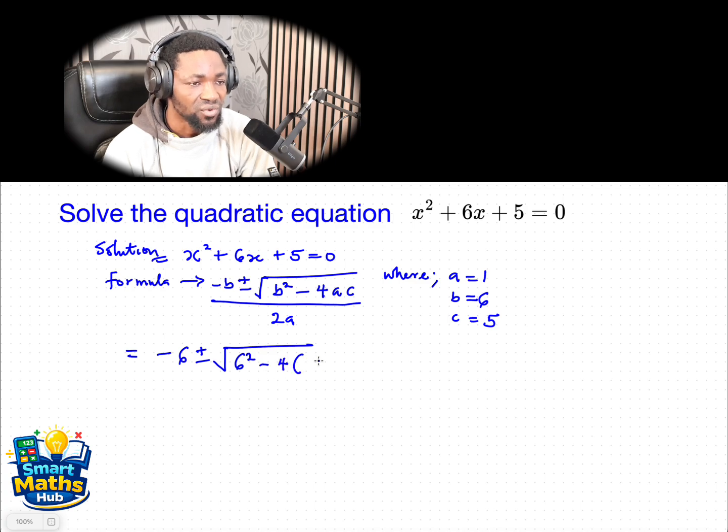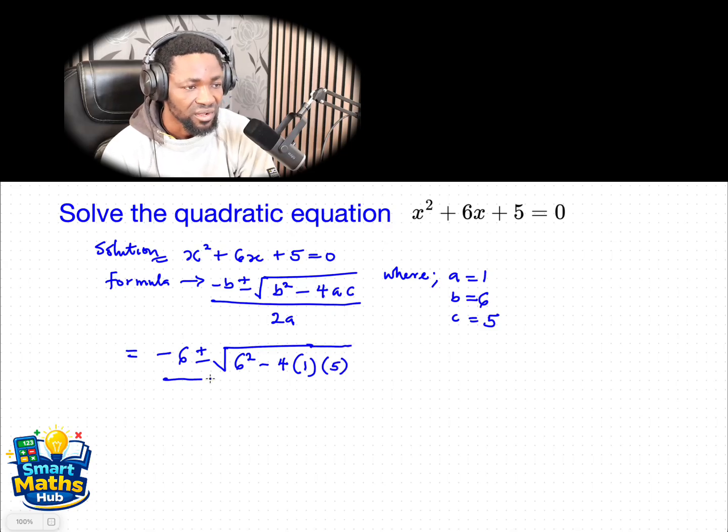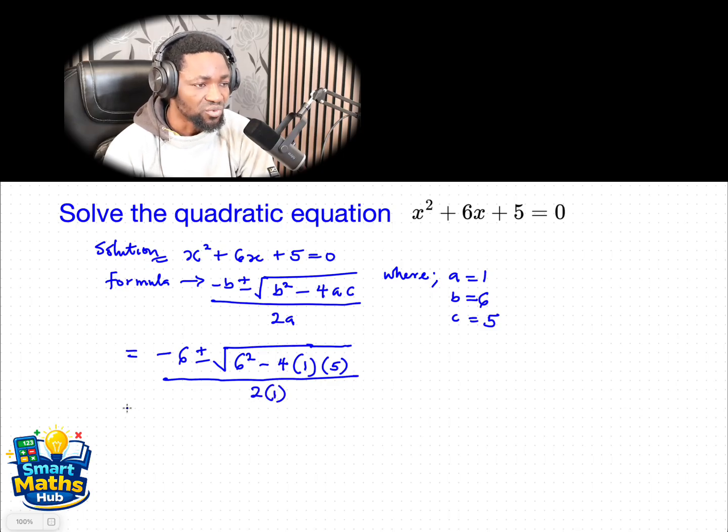Open the brackets, the value of a is 1, close the bracket. Open the bracket again, the value of c is 5. So everything over 2 multiplied by 1.